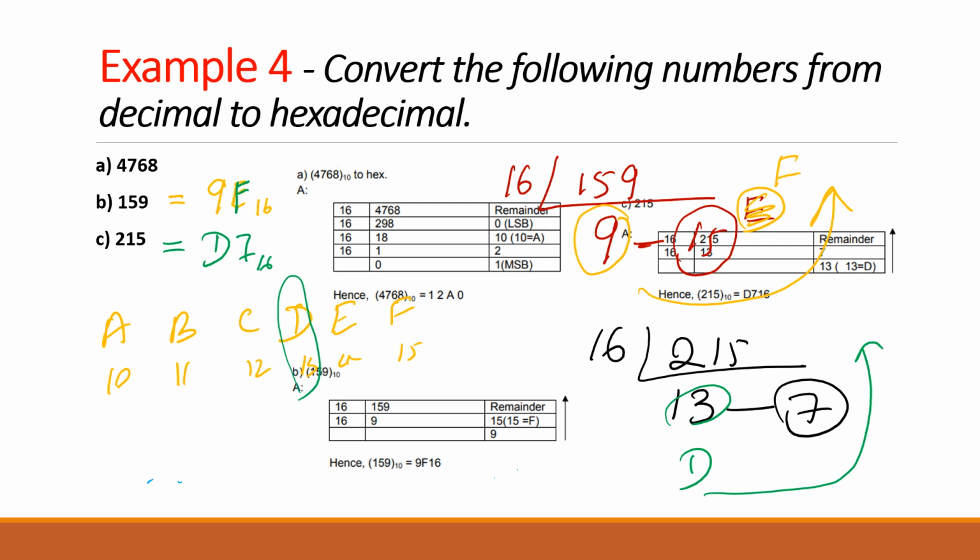F is 15, D is 13. Okay, are we good? Any questions regarding number systems?